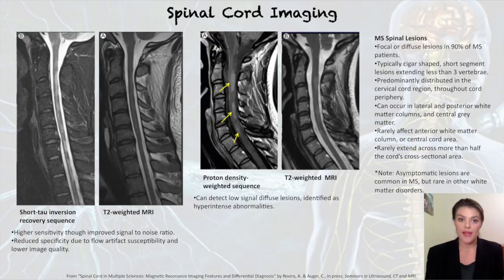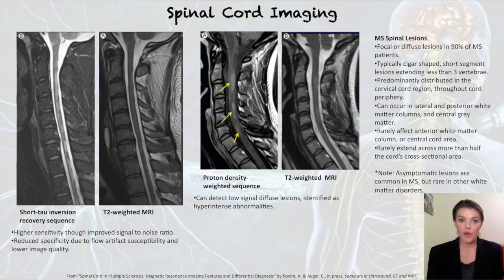Spinal cord MRI is not utilized as frequently as brain imaging. However, it has significant clinical value in providing timely, accurate diagnosis. You can see here scans from short tau inversion recovery and proton density imaging, both showing focal lesions much more clearly than T2 scans. Cord lesions in MS are typically cigar-shaped, extending less than 3 vertebrae.